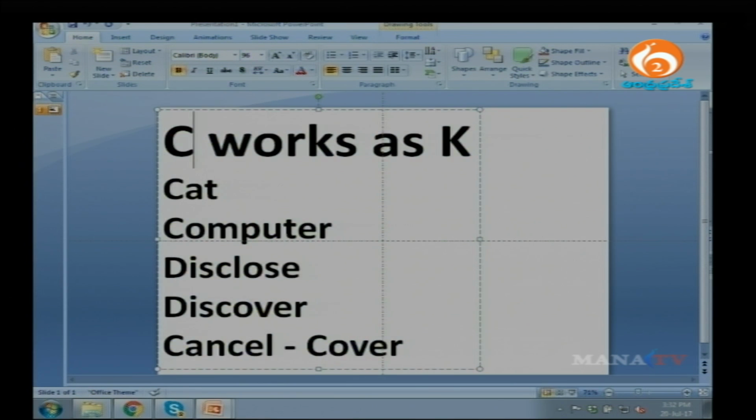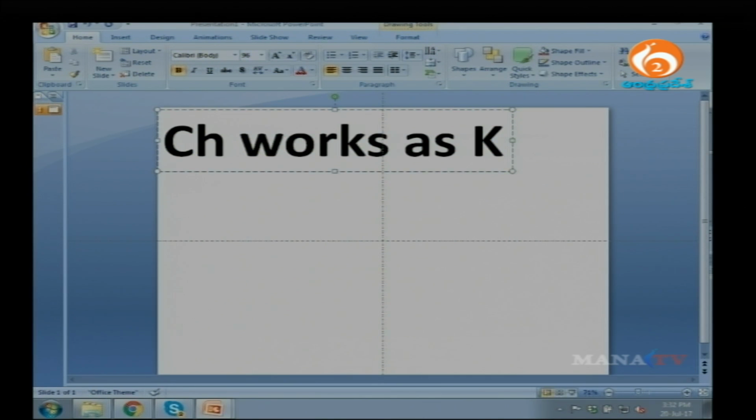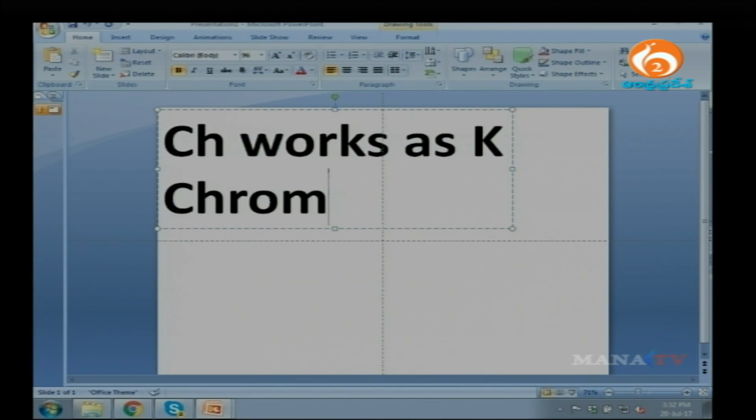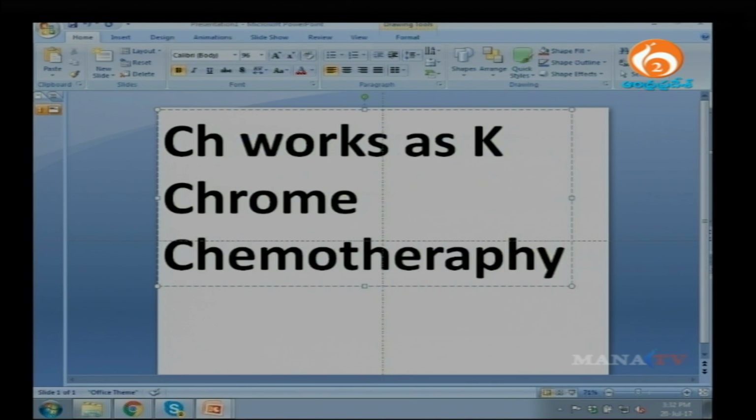Now, I can also have CH that works as K. For example, chrome. So, when you have a word like chrome, CH still carries the function of K. For example, chemotherapy.